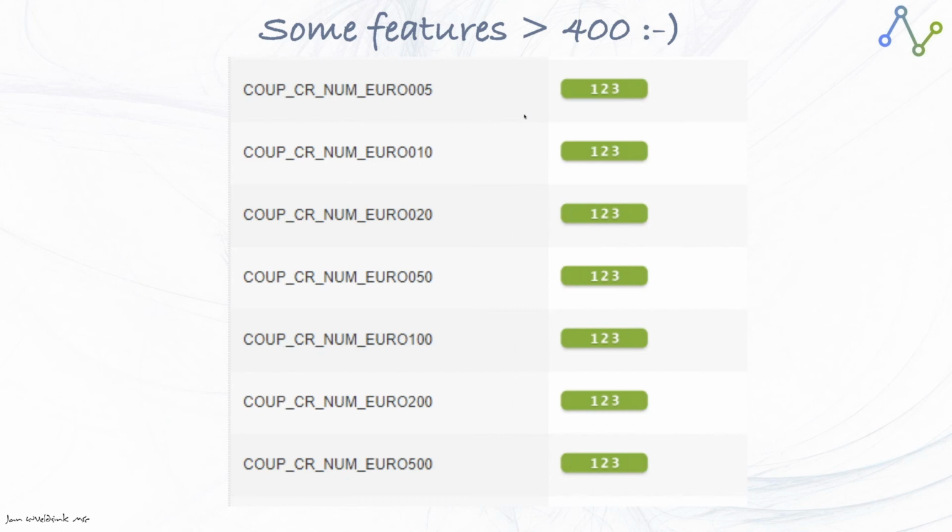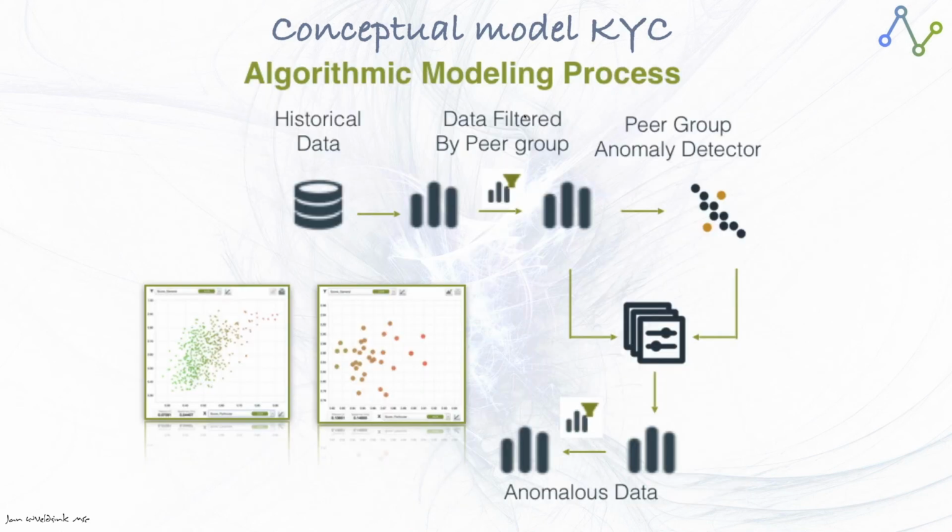These are, for example, cash features, the number of cash deposits we look at. And then we have a, let's say, conceptual KYC model: get some historical data, filter by peer group, do a peer group anomaly detector creation, and score the original data.